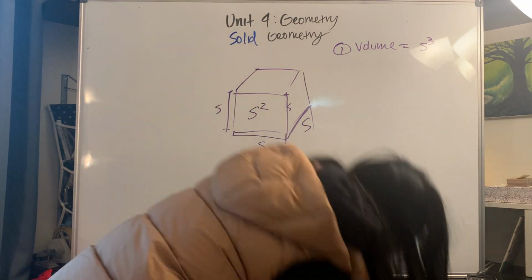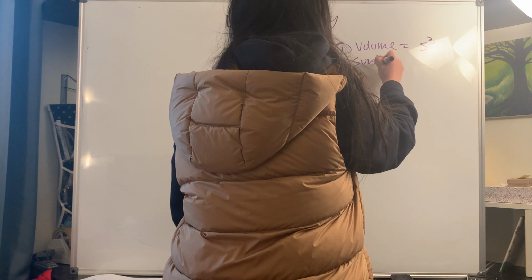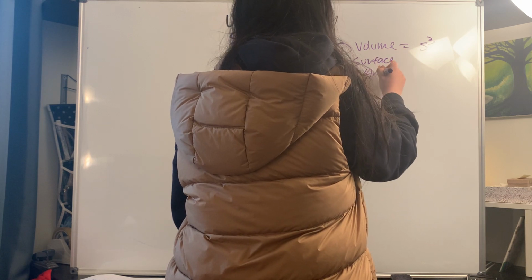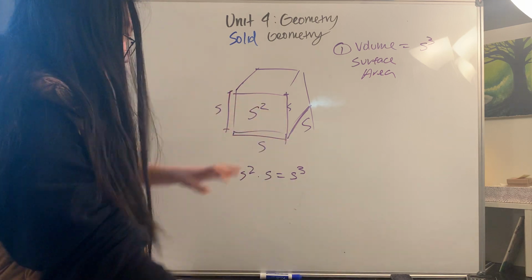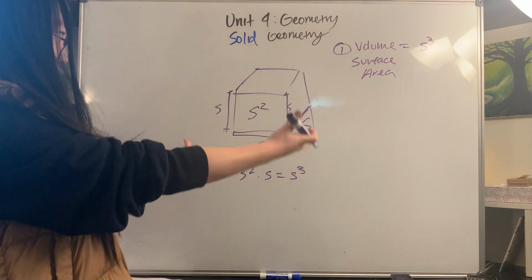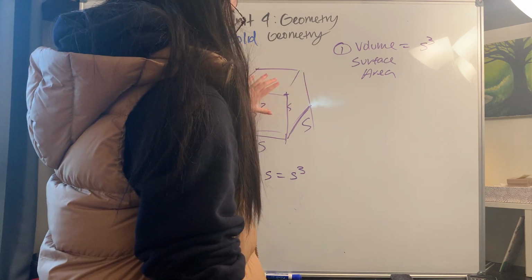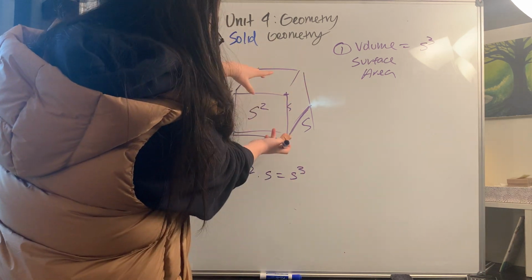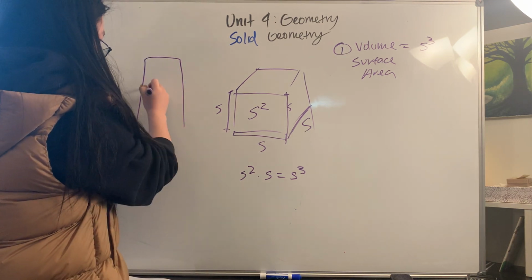We can also calculate the surface area, and to get the surface area, we have to draw a net of sorts. So if you imagine that we take this figure here and we kind of unravel it, starting from this plane right here, we'll have something that looks like this.